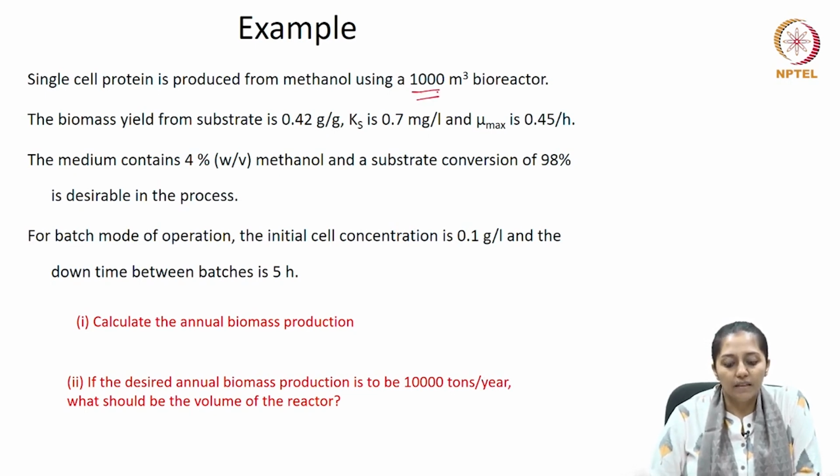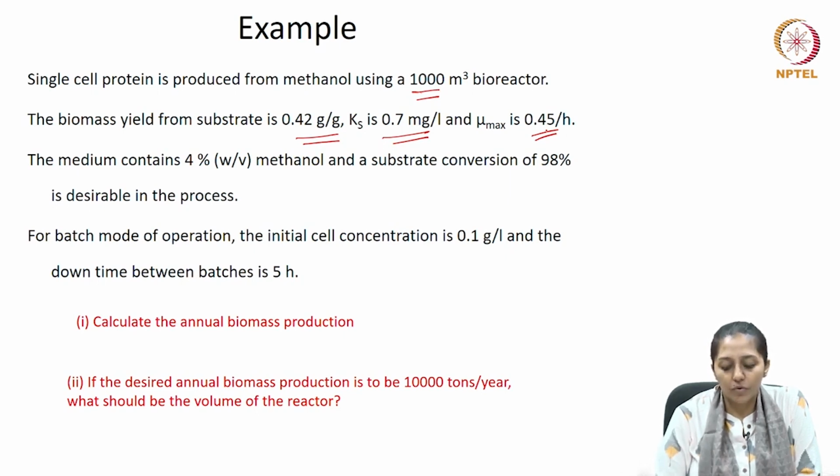The biomass yield of the single cell protein from the substrate is given as 0.42 grams per gram. The Monod saturation constant, Ks, is also given as 0.7 milligrams per liter, and the maximum specific growth rate is given as 0.45 hour inverse.